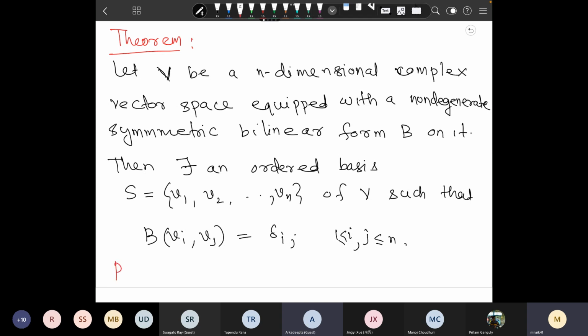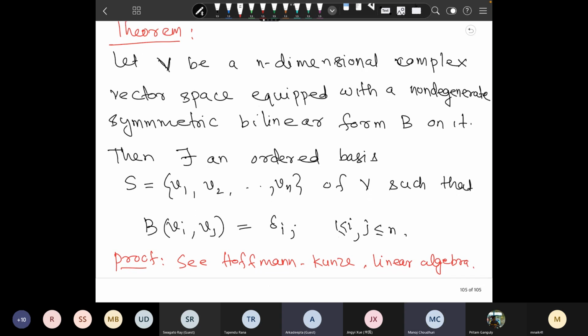The proof you can see in Hoffman and Kunze, Linear Algebra. Pramath, is the statement clear? Then the matrix corresponding to this bilinear form would be the identity matrix, right?